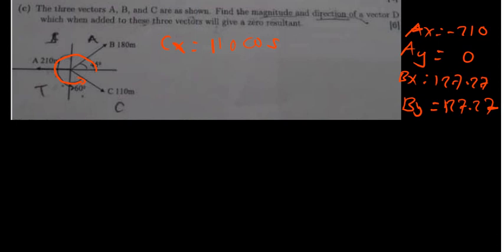So what is 270 plus 60? 330. So what would be 110 cos 330? Negative 55. So you have Cx is going to be 55, eh?